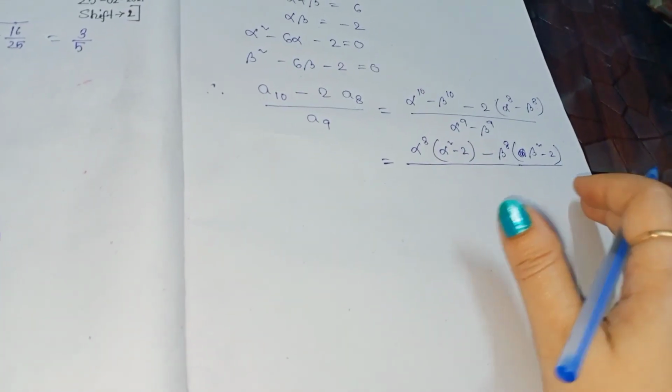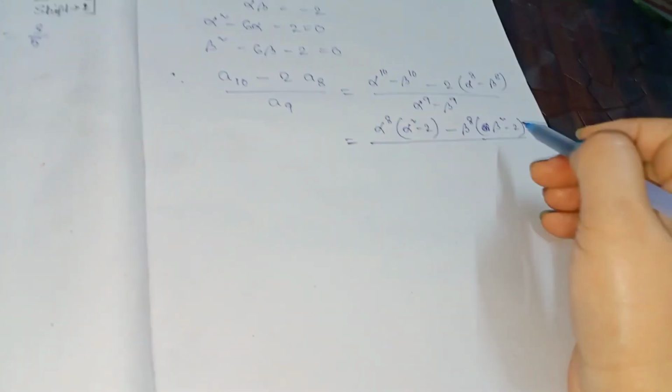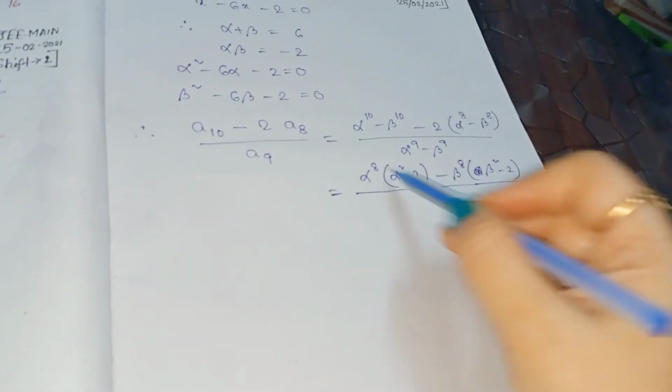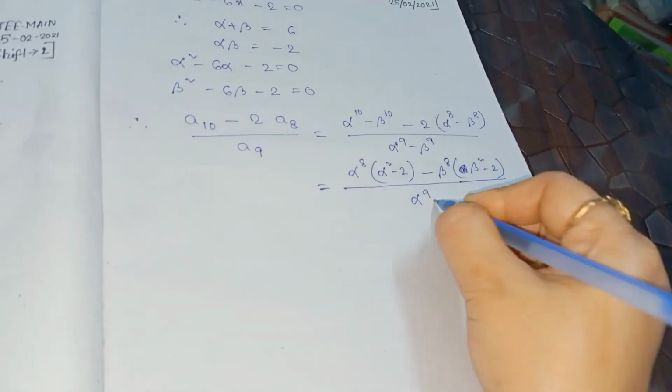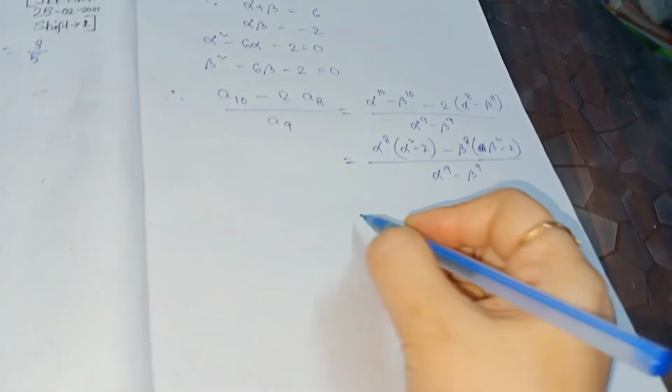I simplify this one, and it is divided by alpha to the power 9 minus beta to the power 9.